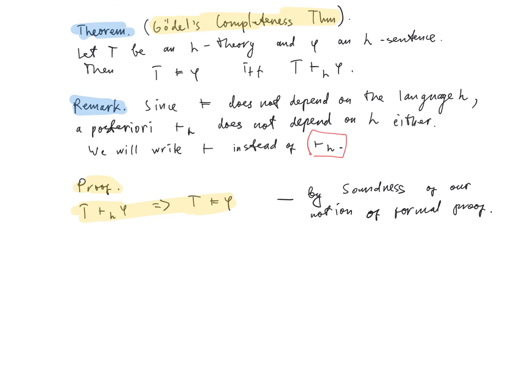Hence, the difficult direction is to show that if phi is a logical consequence of T, then it is also provable from T. So this requires exhibiting a formal proof in the situation when phi holds in all of the structures that satisfy T. We have the following two observations.